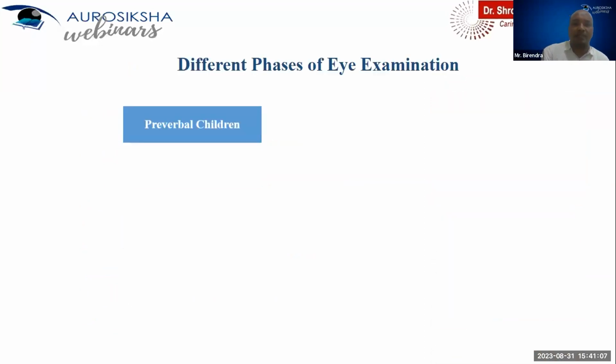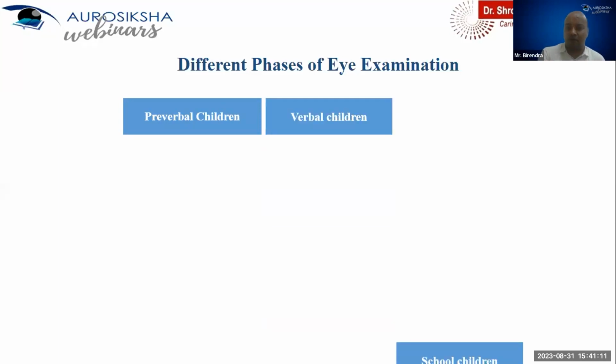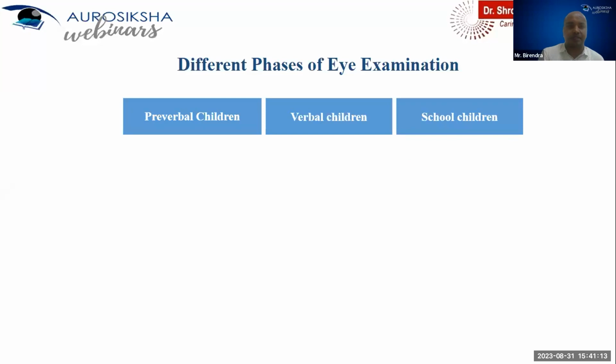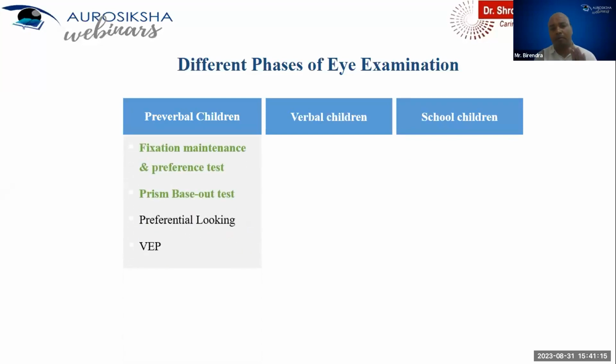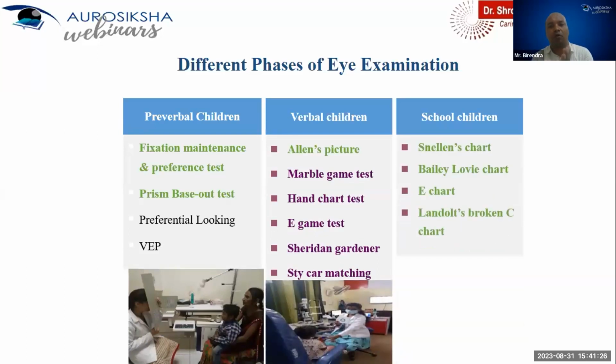Now, the different phases of the eye examination: first the pre-verbal age group, second the verbal age group, and third the school age group. These are the common tests for visual acuity assessment in each age group. Pre-verbal is 0 to 2 years, verbal is 3 to 5 years, and school age is more than 6 years.